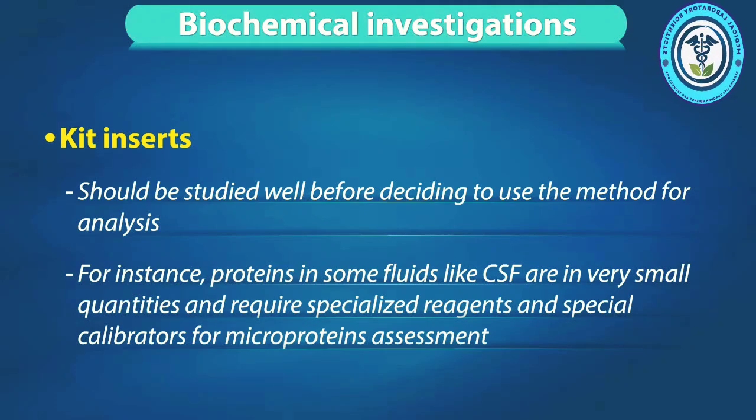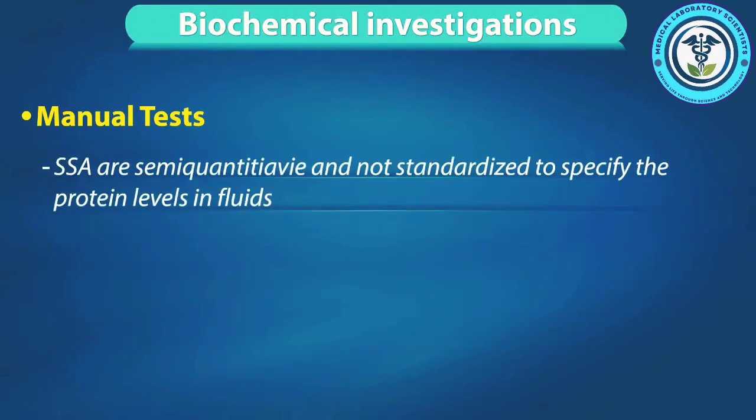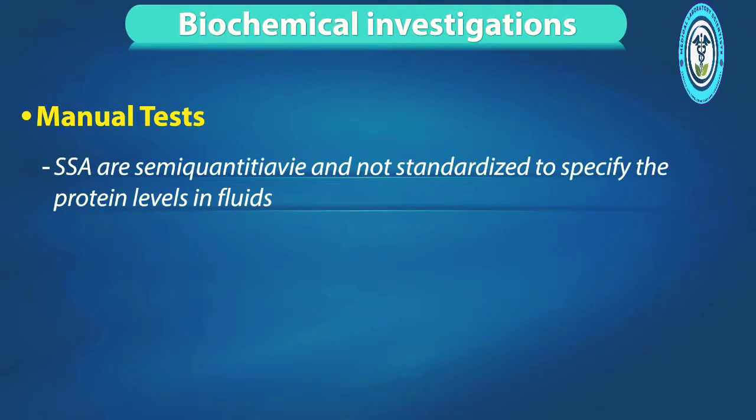For instance, proteins in some fluids like cerebrospinal fluid are in very small quantities and require specialized reagents and special calibrators for microprotein assessment. Manual tests like sulfosalicylic acid are semi-quantitative and not standardized to specify the protein levels in fluid. Hence, it is important that the lab assess the best method option possible for the equipment they have.